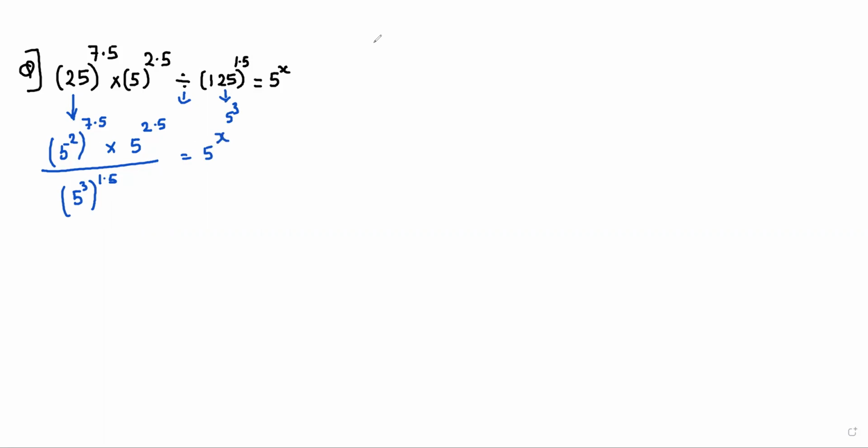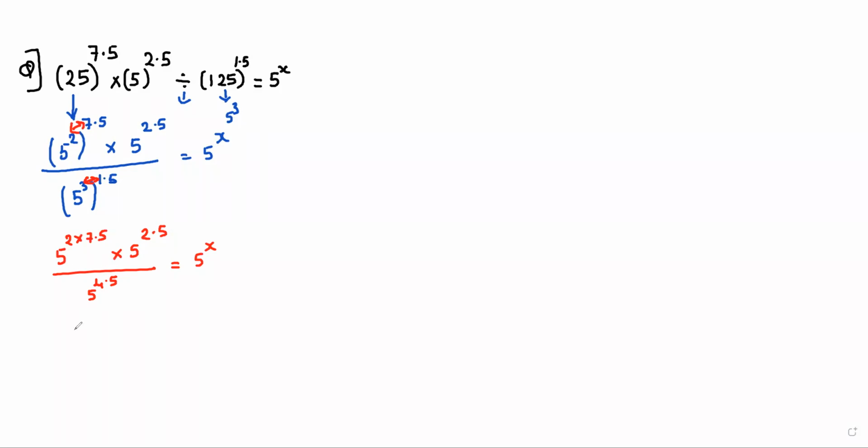Now if you see this carefully, here the first term I have to multiply. So what happens, 5 to the power of 2 into 7.5 into 5 to the power of 2.5 whole divided by, now these two terms I have to multiply, that is 5 to the power of 4.5 is equal to 5 to the power of x, right?